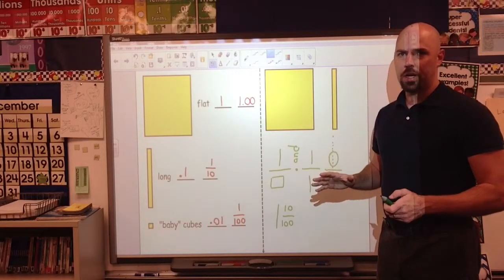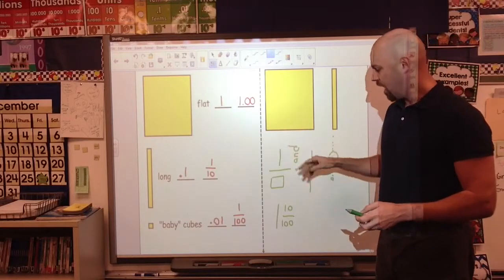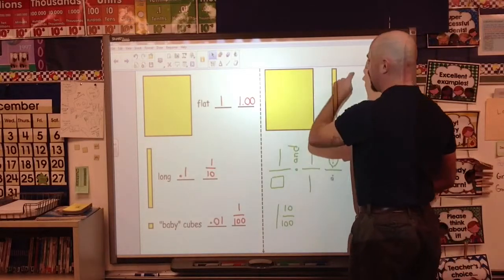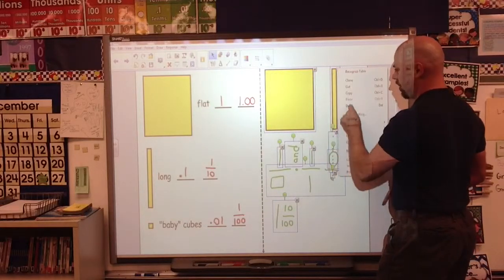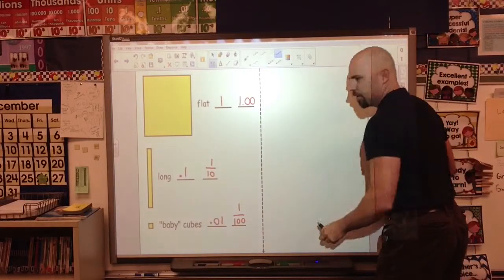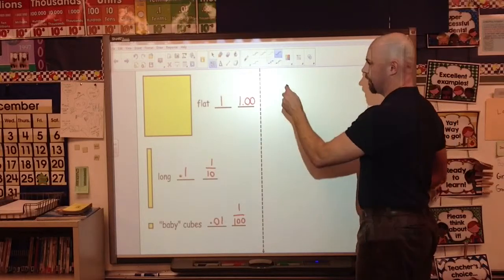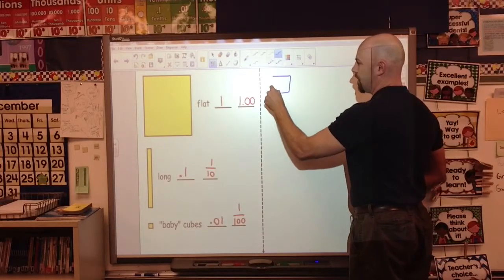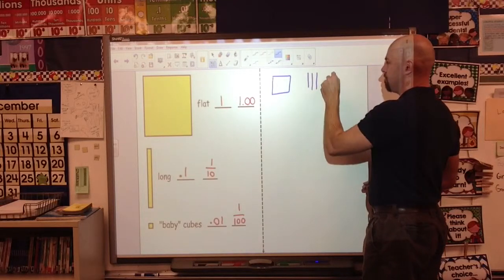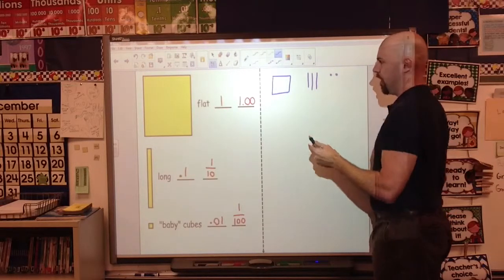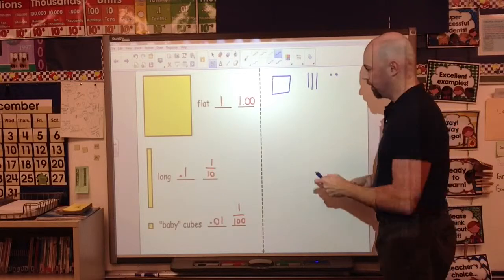So at home, if you're working on this with your kids, you don't necessarily have to have base 10 blocks to be able to do this. What you can do, and what we do on homework, is we'll just draw them. On a dry erase board or a piece of paper, you can just draw that for your student and say, okay, what does this look like as a decimal?